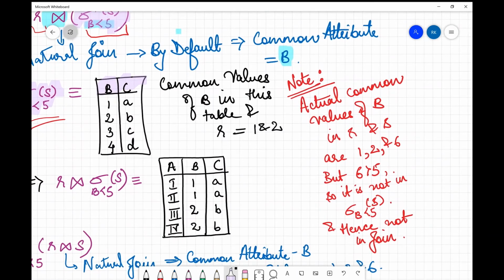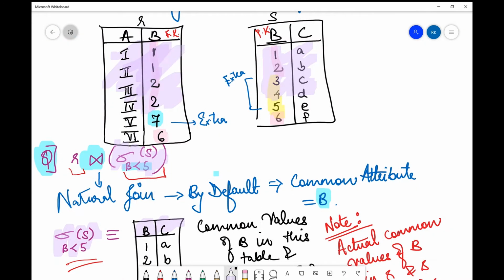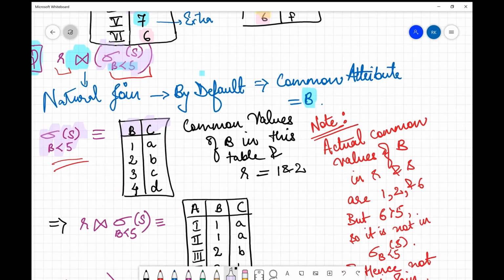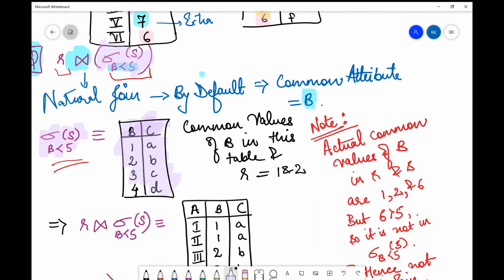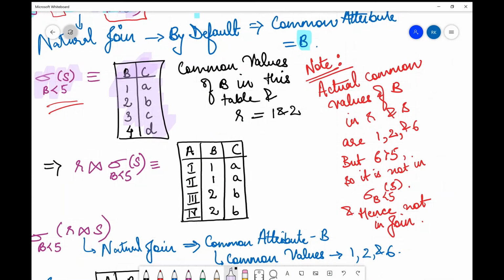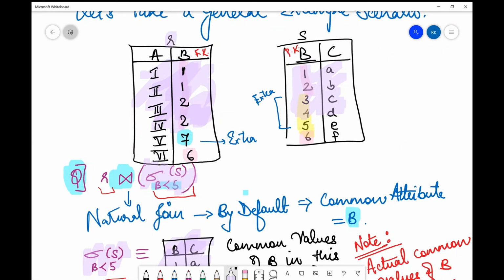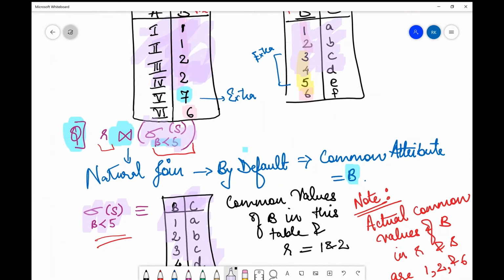So basically, I am going to join this subset of records with this particular table, and when you join it, you get this end result. This is very, very simple. Just keep picking one record each from table R. I pick one, 1, 1, and then I join it with the records present in this particular table having B equals 1.